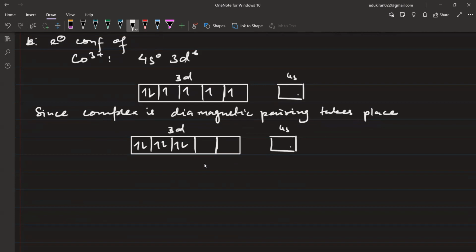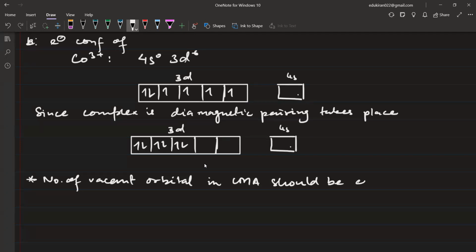Okay, so please write next: number of vacant orbitals in CMA should be equal to the coordination number.